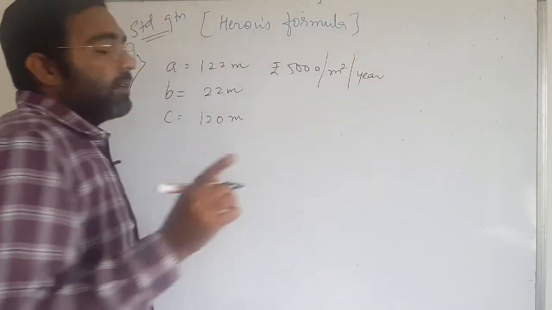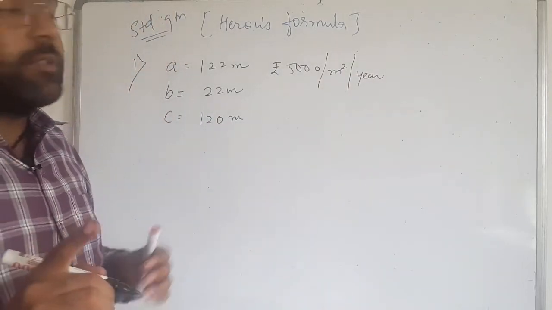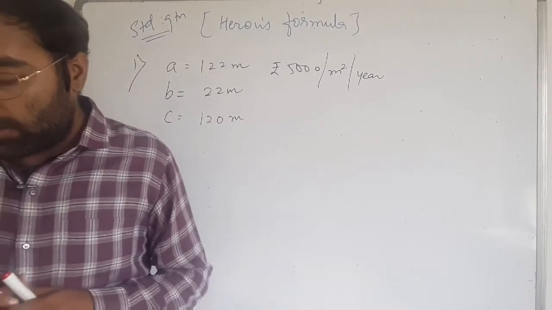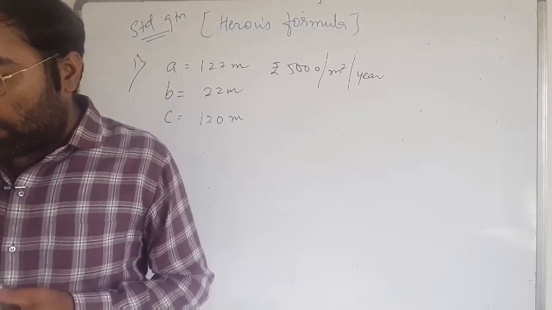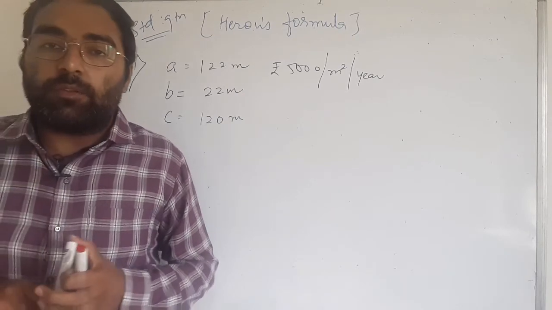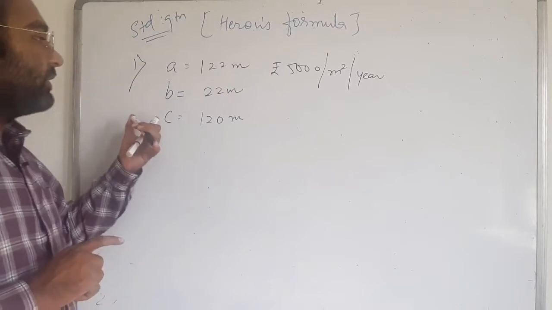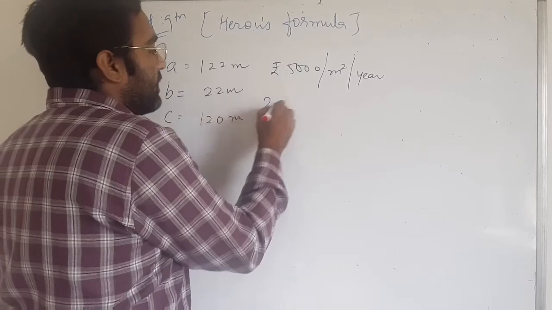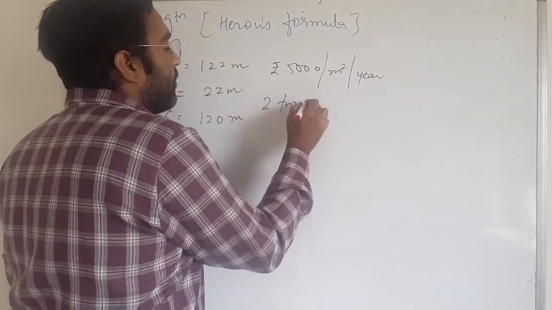That is, for 1 meter square for 1 year there is 5,000 rupees. A company hires both walls for 3 months. The two walls on the flyover have the same dimensions.